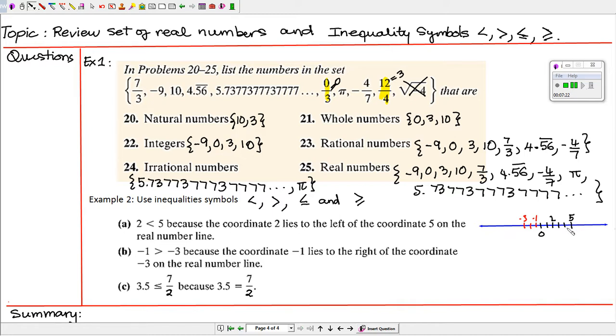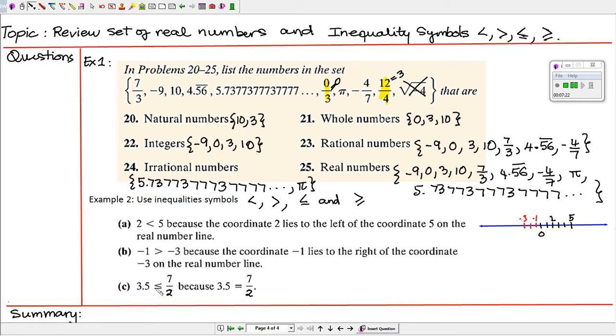Let's move on to part B. Negative 1 is greater than negative 3. Why? So let's go back to the real number line. Negative 1 lies to the right of negative 3. So therefore, negative 1 is greater than negative 3 on the real number line.